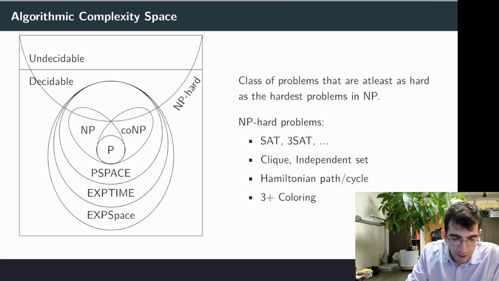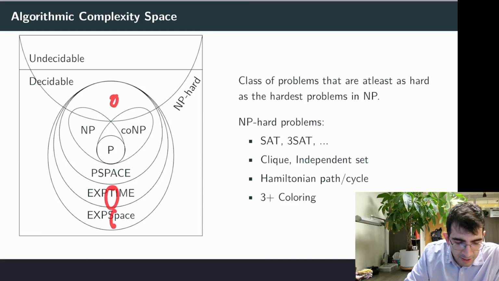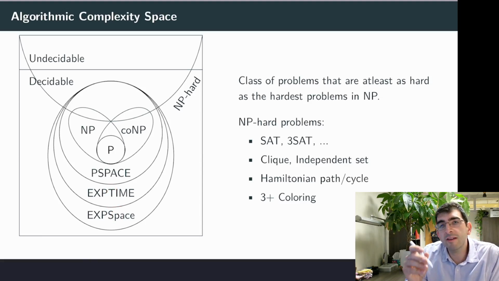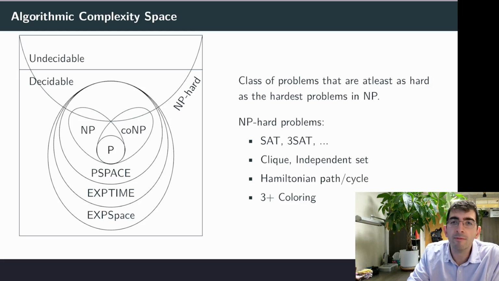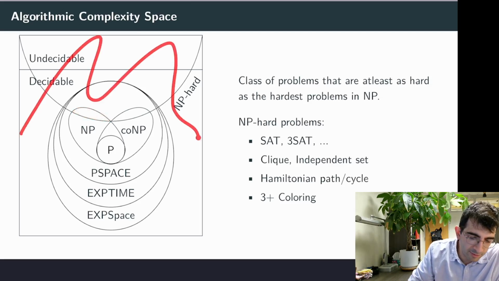NP hard problems could be in PSPACE, EXPTIME, EXPSPACE. They could be undecidable even. NP hard does not necessarily mean a problem belongs to a certain algorithmic complexity. NP hard simply means that there are some problems that are so hard, they're harder than the hardest NP problems. So that includes some NP problems, but it includes a lot of non-NP problems.